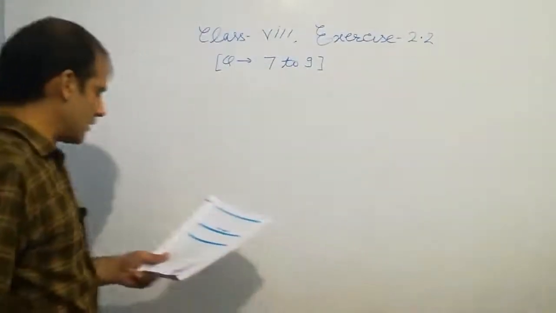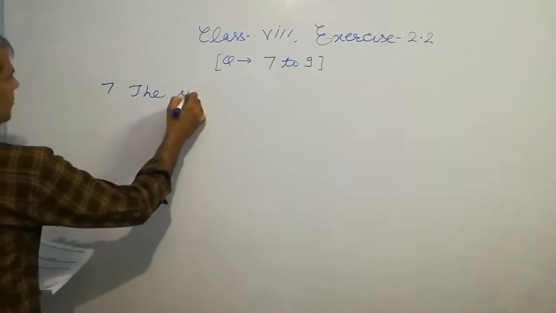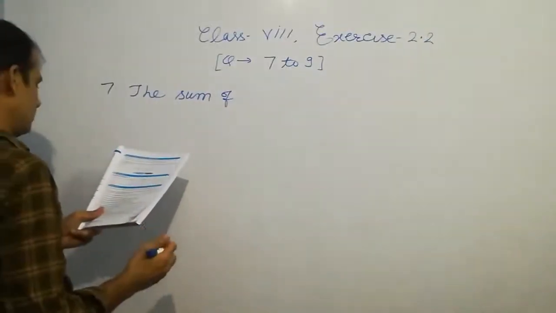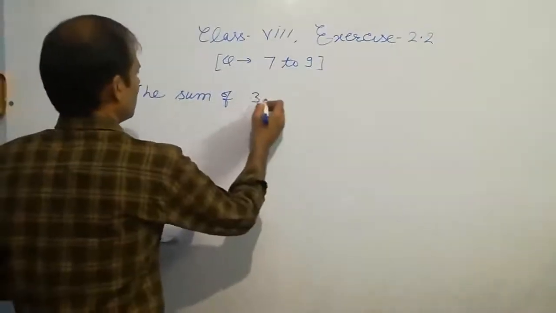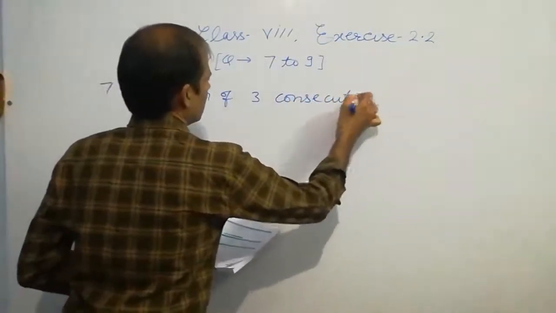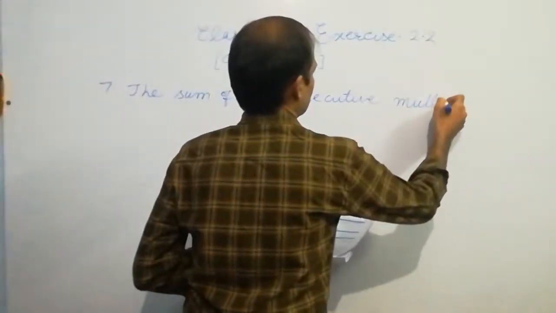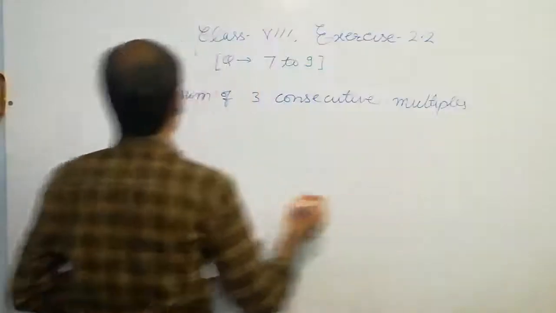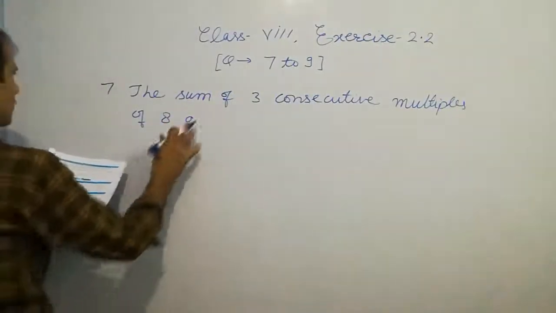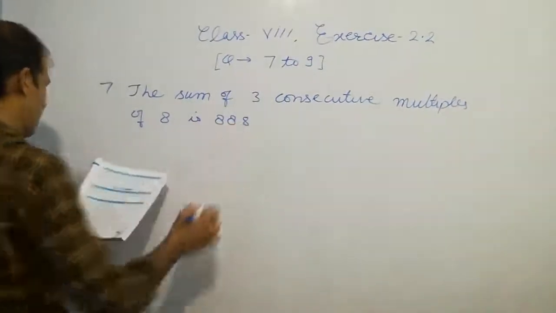So, question number 7 is, seventh question, the sum of 3 consecutive multiples of 8 is 888.